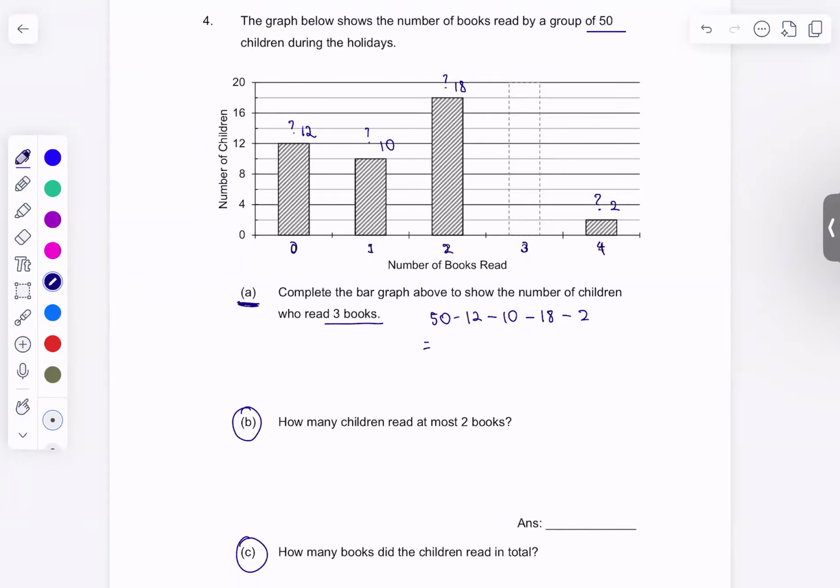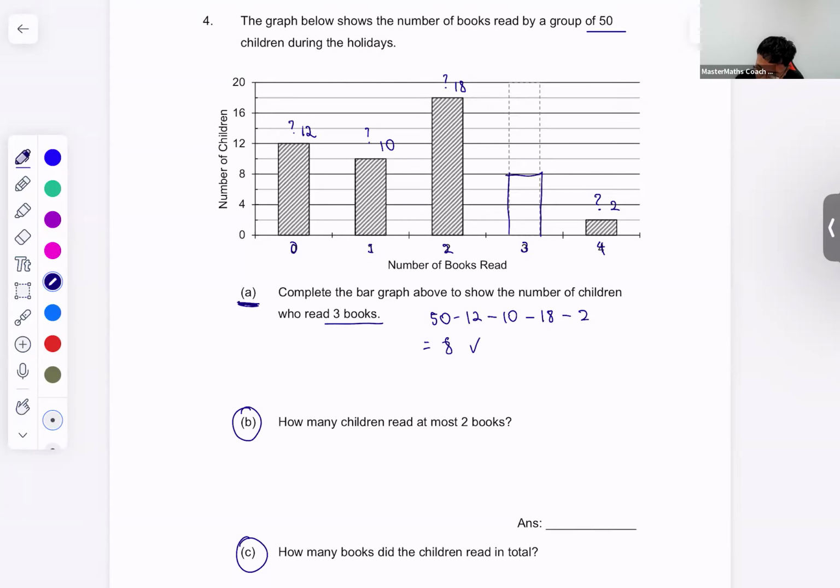The answer is 8. Okay, so correct. The answer is 8. You got it correct. So you have to draw on the paper.